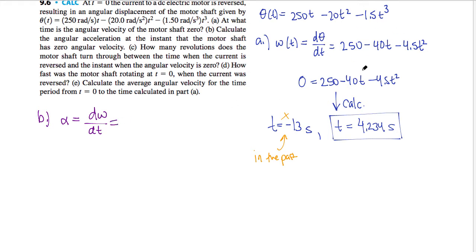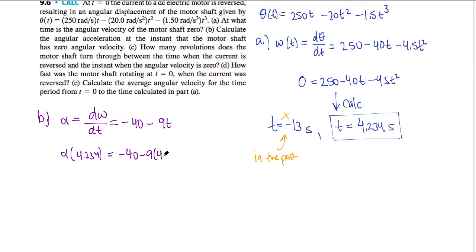So from my omega function, the derivative is going to be -40 minus 9t. And I want to find the value of this when the angular velocity is 0. So that is at this time. So I want to find alpha of 4.234.